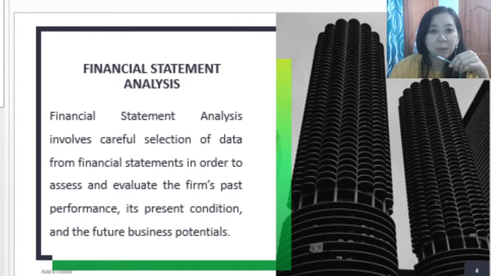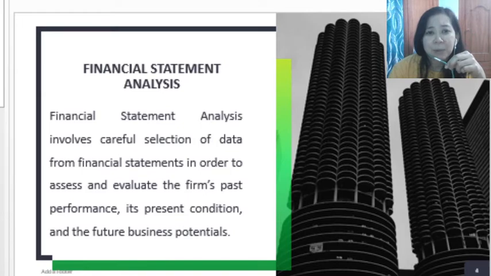We all know that the data presented in our financial statements are based on historical data, meaning these are financial transactions or economic activities that transpired in the past and were recorded. That's why it's called historical data. Based on this, we can assess the performance of the entity.